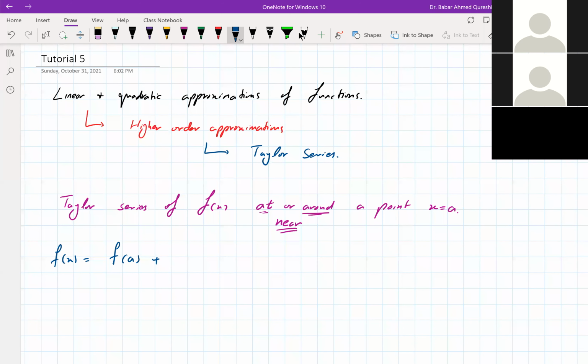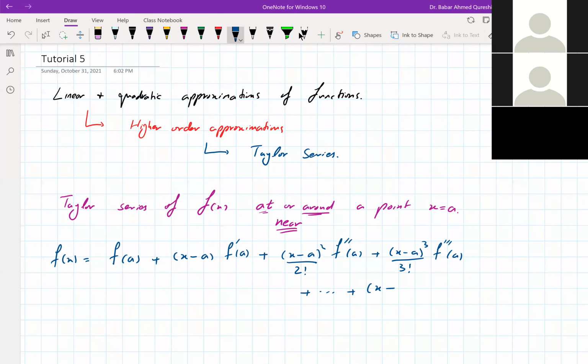That's the lowest order, that the function is just this value, a constant value, but functions are not constant. So then you have the next order, which is the function represented by a line. And this is the slope of the line, the derivative of the function at this given point. And then you include higher orders, which involve second derivative, third derivative, and so on.